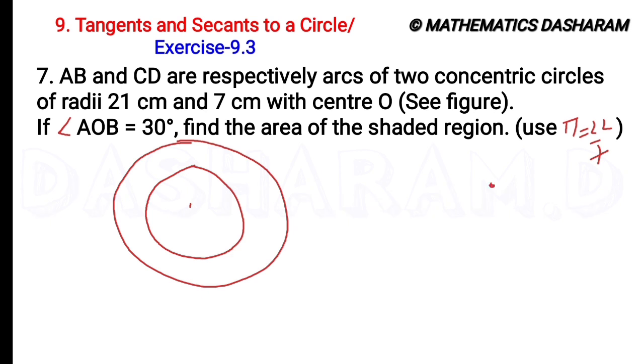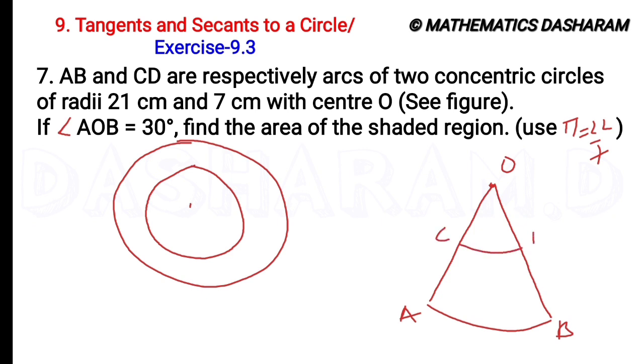So first of all let's take the center O. So first arc AB. So join O comma A, O comma B. Next here one more arc, that is CD. So AB is an arc of the bigger circle, CD is an arc of the smaller circle.